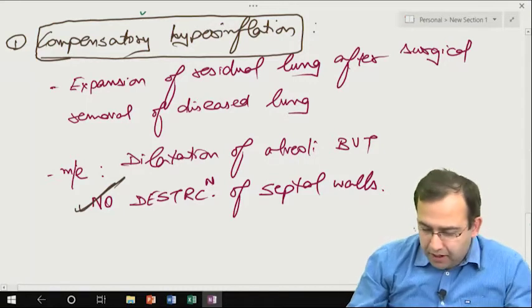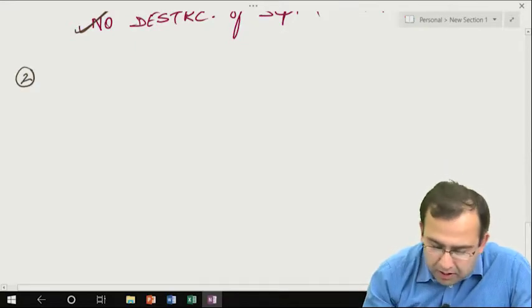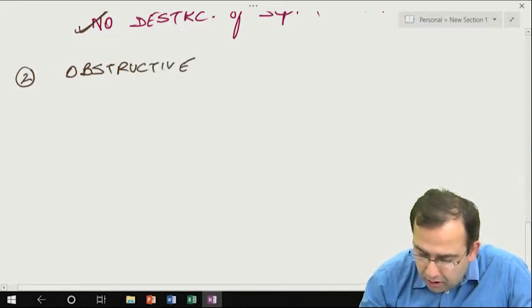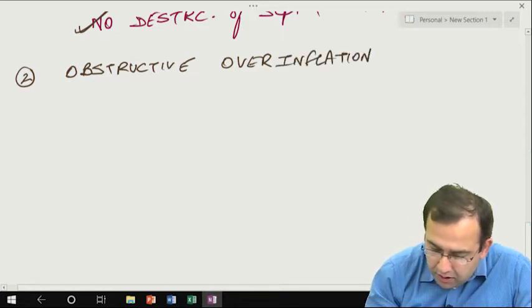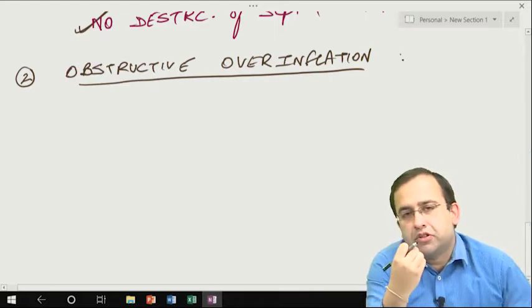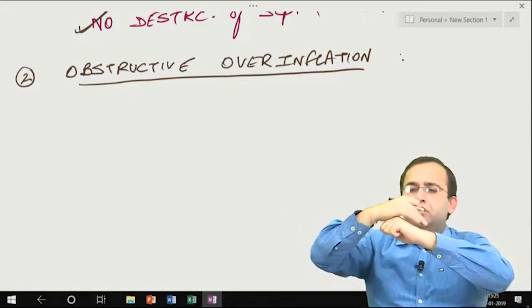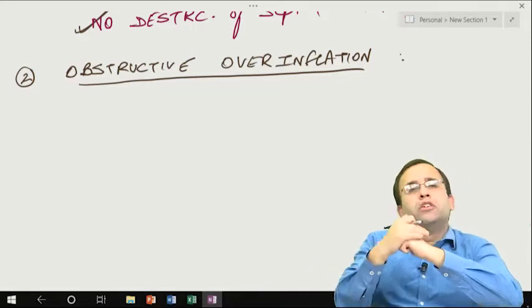The next type of emphysema is obstructive overinflation, again because of partial obstruction of the airway. If this is the airway, with partial obstruction the air can enter, leading to dilatation of the distal airspaces, but it cannot come out.